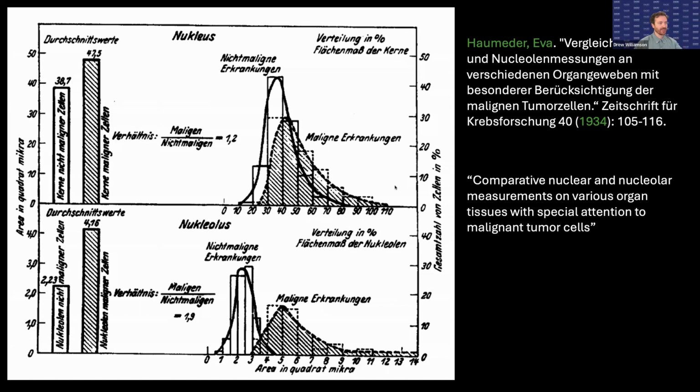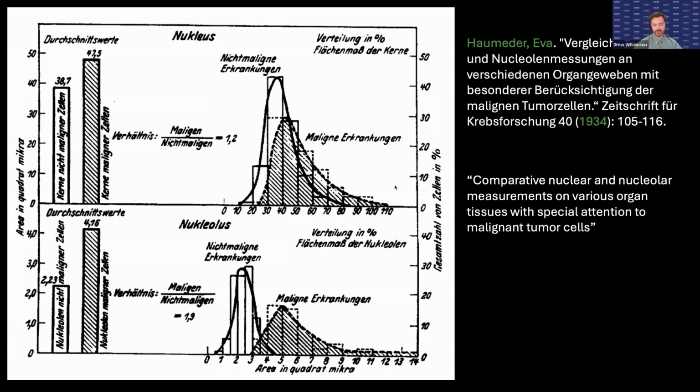And I think this figure amazes me that it's from the 1930s, I guess 90 years old this year. And I think with a little bit of cleanup it wouldn't look out of place in a publication today in 2024. But I think it's amazing, generating these by hand, these distributions of the sizes of this particular histologic feature, the size of the nucleolus.